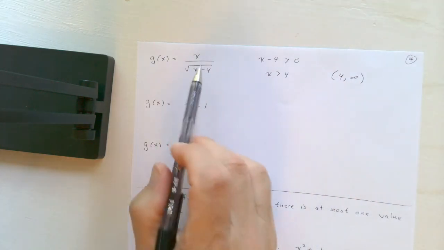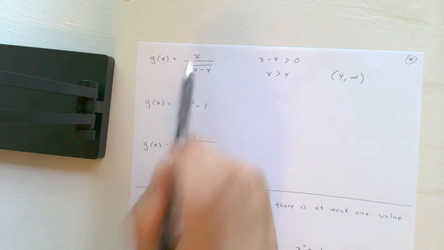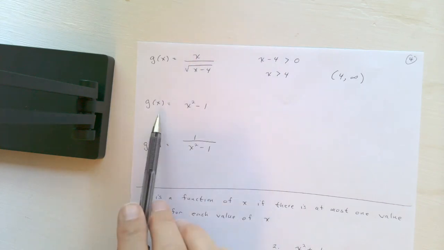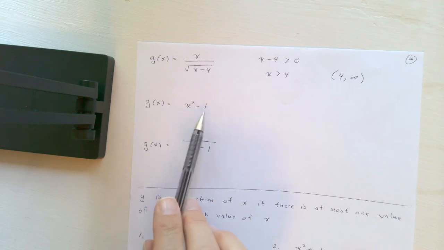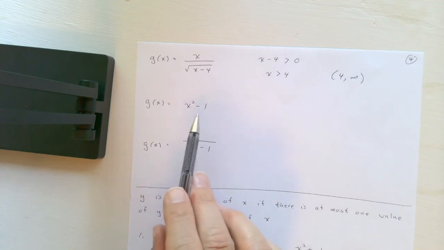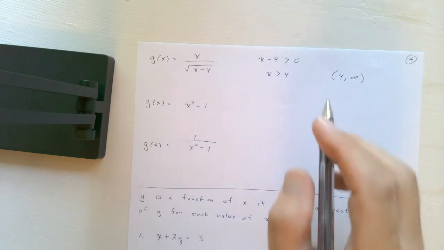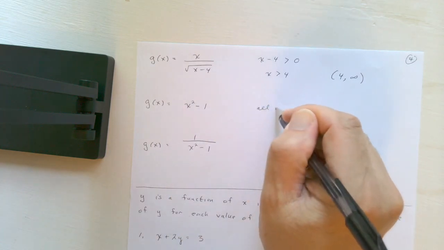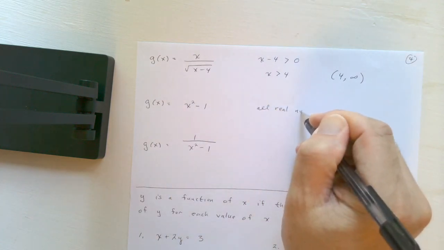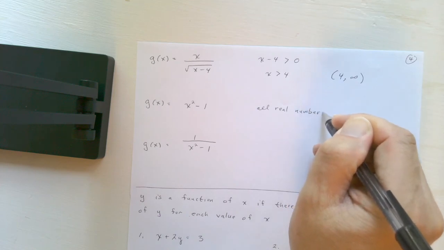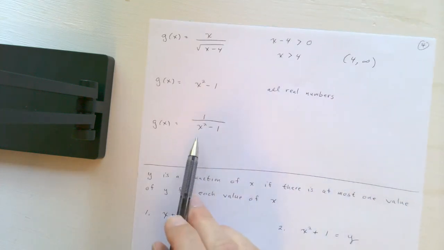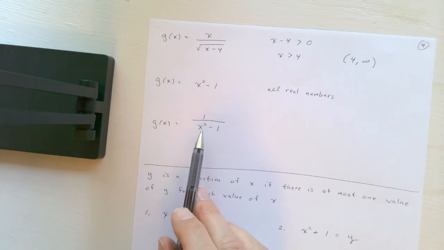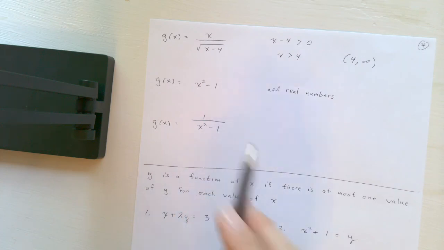Okay, again, the x up here can be any number we want. In this one, we can pretty much plug any number in for x. We're not dividing by anything or taking square roots, so this would be all real numbers. And then here, we just want to make sure we're not dividing by 0.